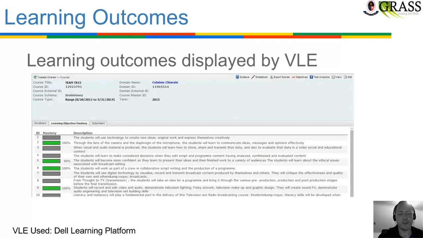Similarly, using the Dell Learning platform, you can take the same approach and apply a number of learning outcomes to an individual task or assignment, and these can be tallied across a range of subjects and a range of tasks, and provide the teacher with a learning objective mastery report, as in the example here.